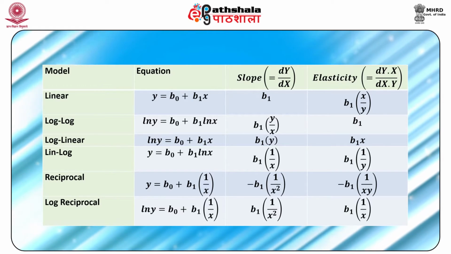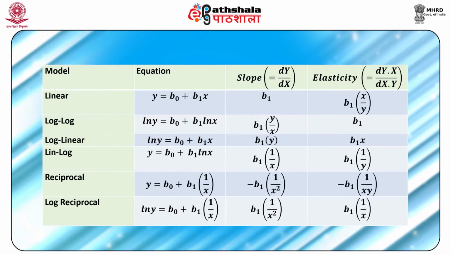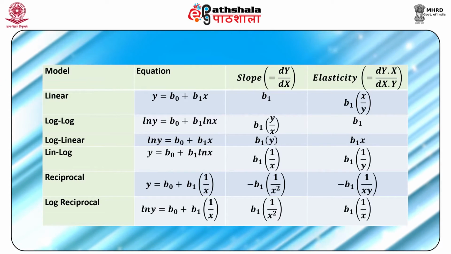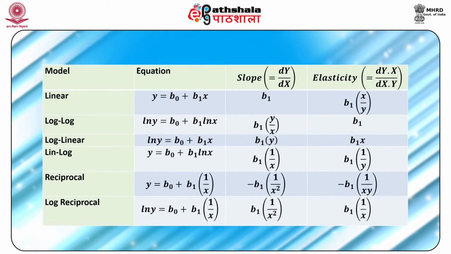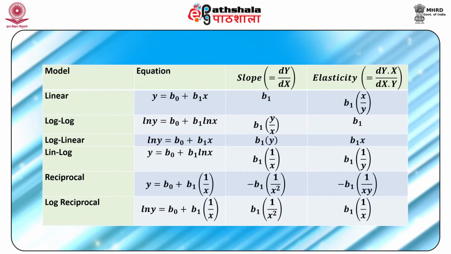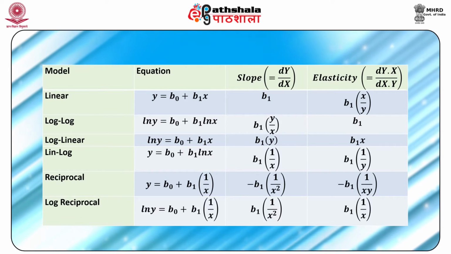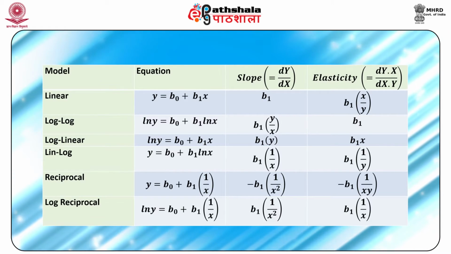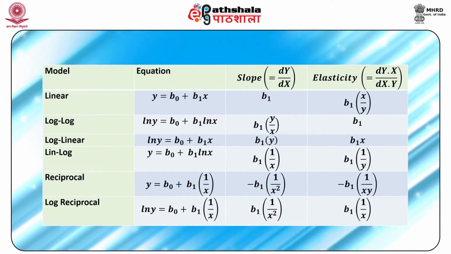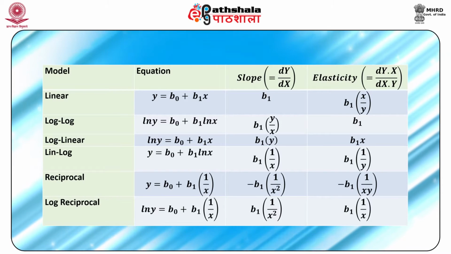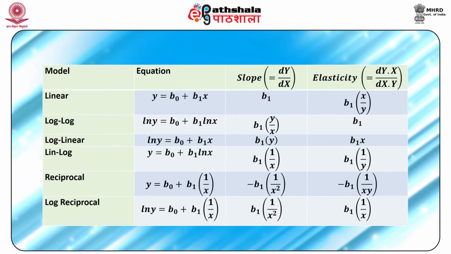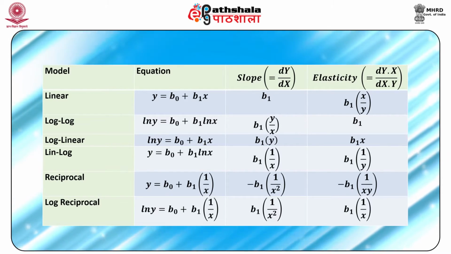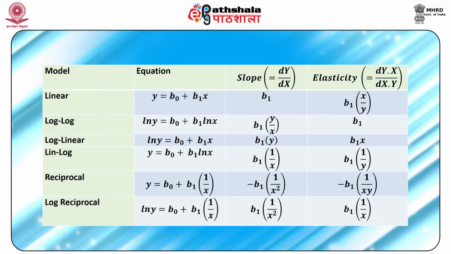In this table, we have taken different models and their equations, and we have also defined the slope, which is dy upon dx, and the elasticity, which is equal to dy into x upon dx into y. And you can see how we can find out the slopes and elasticities for these different models.